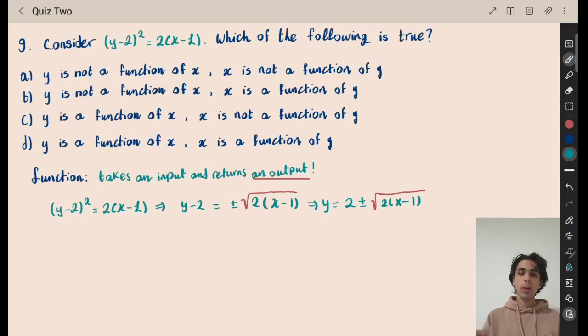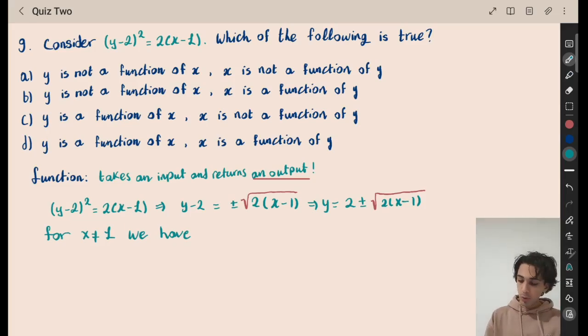Now notice that if you put x equal to 1, you put one input and you get one output. But if you try any number that is not equal to 1, so for x not equal to 1, how many outputs do we have?